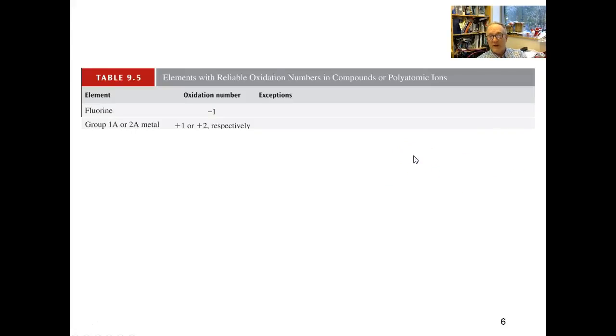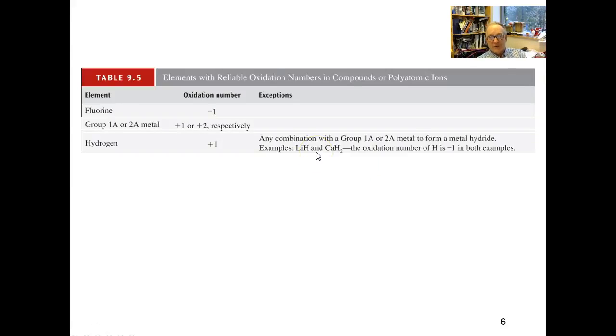The group 1A and 2A metals we just talked about always wind up being +1 or +2 respectively. Hydrogen can either be +1 or -1. With another non-metal, it's always going to be +1. However, if it's with a metal, it's going to be -1.